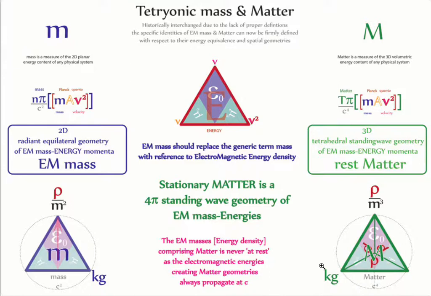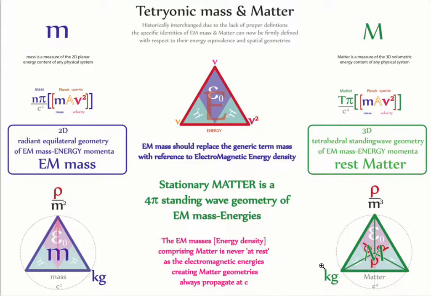Mass is always stated with a small m, matter is always stated with a capital M regarding the physical properties. You may see in the English language where mass doesn't matter, matter doesn't matter, for example, in which case where you refer to the physical property of matter, three-dimensional standing wave energy, it will be a capital M, but the other use of the English word would be a small m.